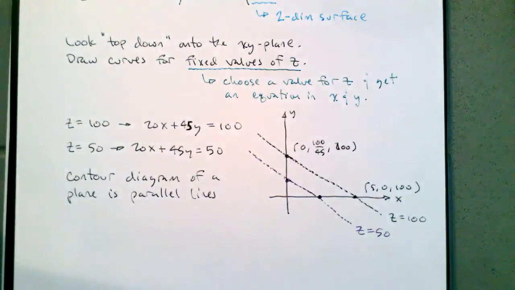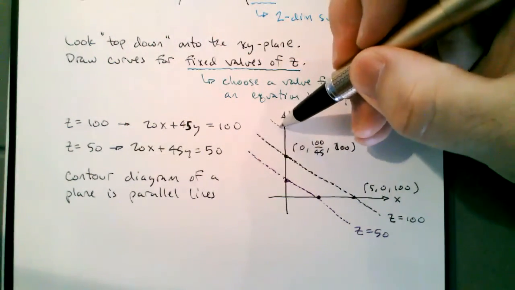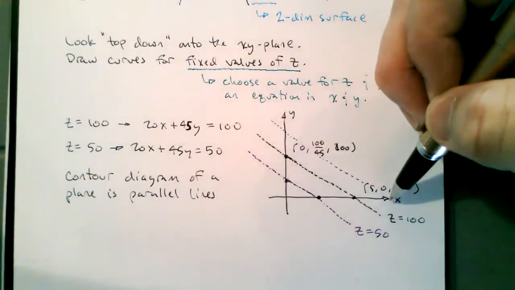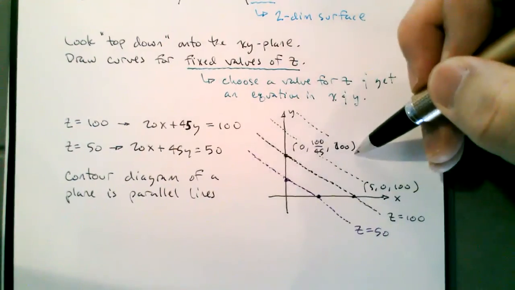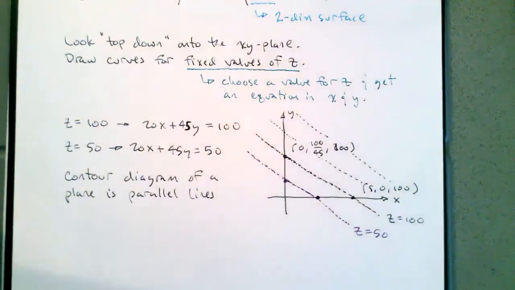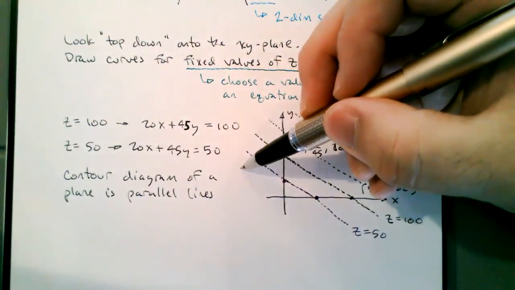So if I pick z equal to 150, I'll get another parallel line. Z is equal to 200. When z is equal to 0, we know that that will go through the origin. We found that out earlier.